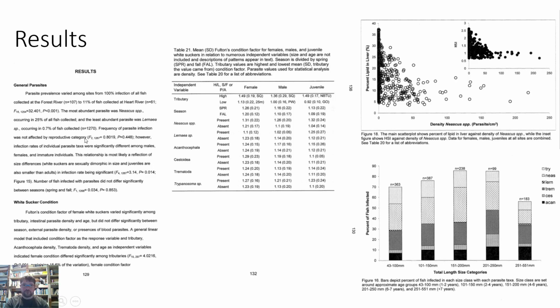Then you can get into more specific information, and you get into where you're going to put tables and figures. If you can see here, after this little brief thing, this relation is most likely a reflection of the size differences between individuals, infection rate being significant. And then I have figure 15 here.